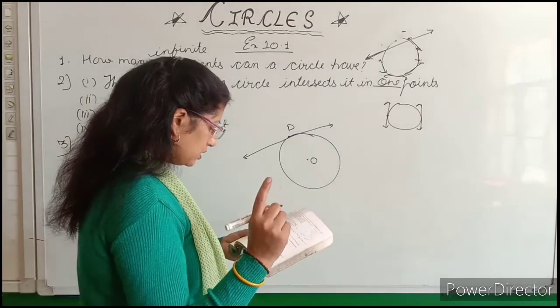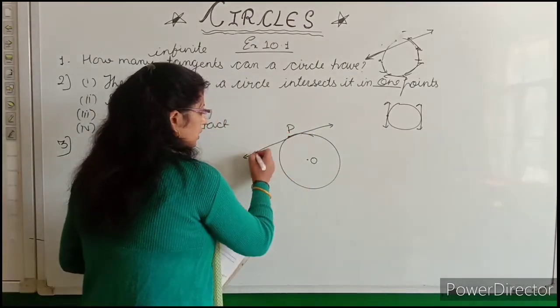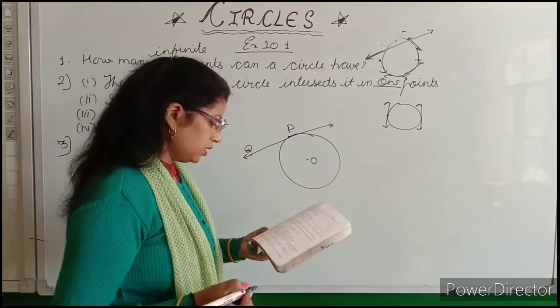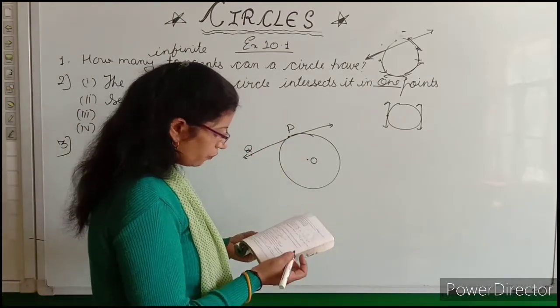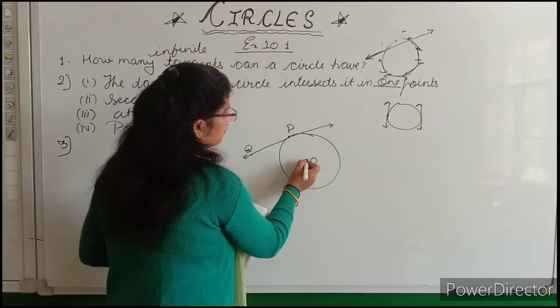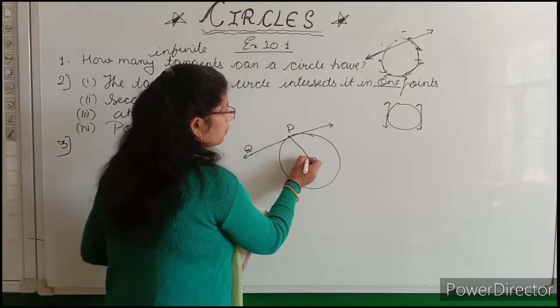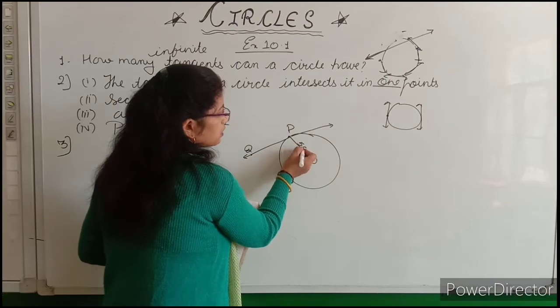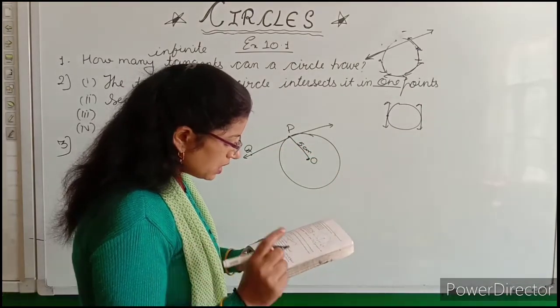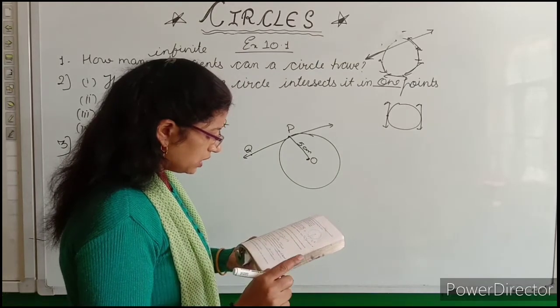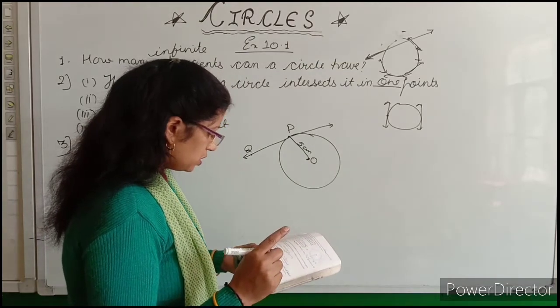What they are saying: the tangent PQ at a point P of a circle of radius 5 cm. So from here to here if I join, this is the radius, 5 cm, meets a line through the center O at a point Q.